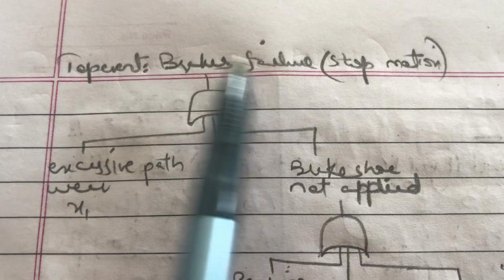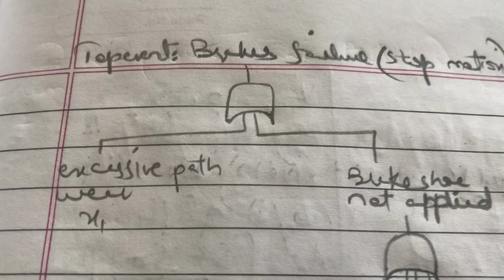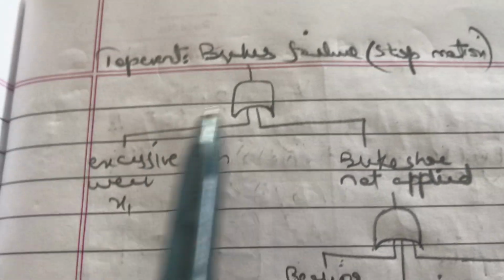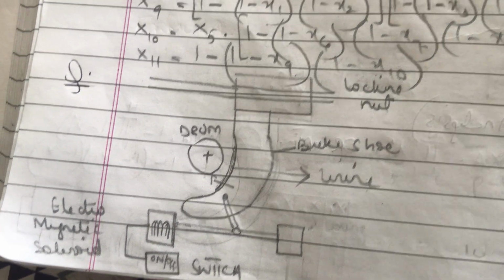And what is our top event? We say that our brakes fail and they stop motion.